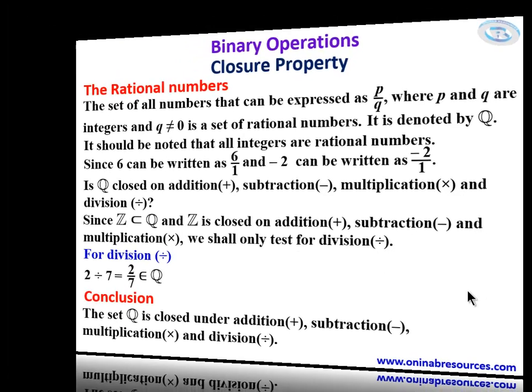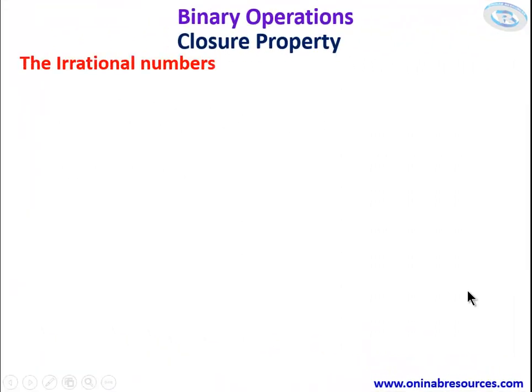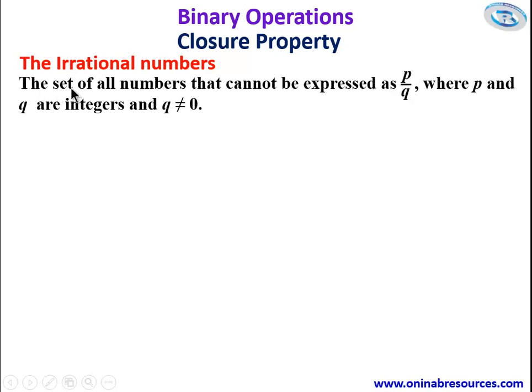So we go to the next set of numbers, the irrational numbers. If it is not a rational number, it is then irrational. So we now look at the set of all numbers that cannot be expressed as p over q, where p and q are integers and q is not equal to 0, is said to be the set of irrational numbers.